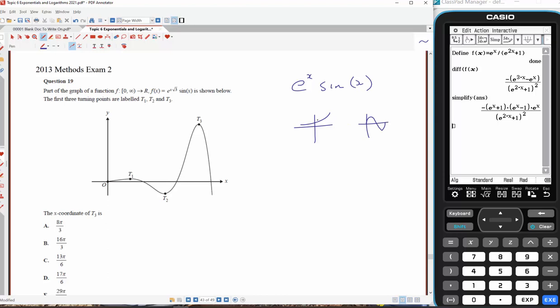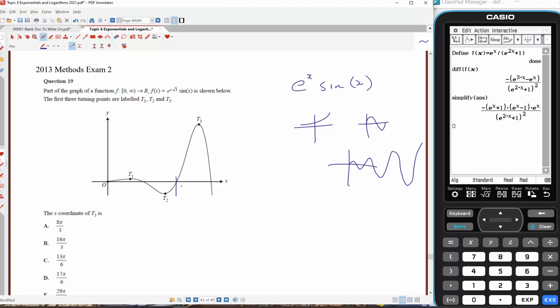As x gets bigger, the amplitude gets bigger, the opposite to a dampening function. It starts small and gets bigger because e to the x gets bigger, so it just goes up further and further. Okay, so that's what's going to happen here.